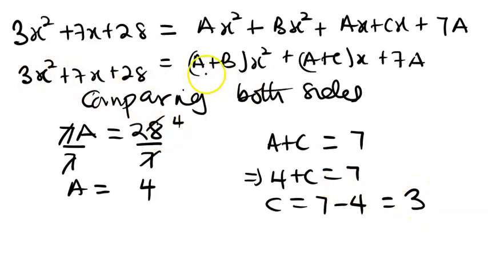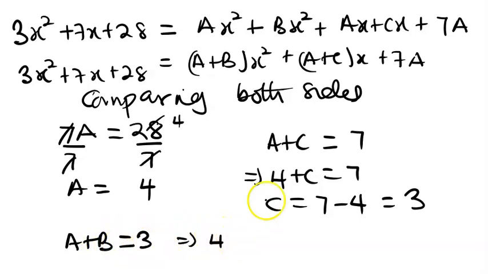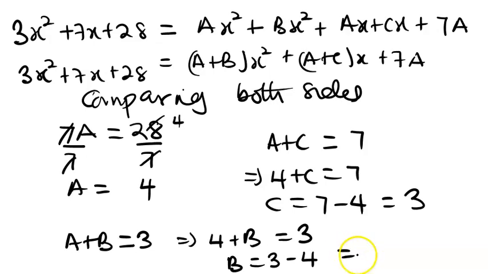And then the last one, the term in x². A + B is equal to 3. This implies that 4 + B is equal to 3, so B will be 3 − 4, which is equal to −1. So we now have all our values for the constants. We need to put them back.